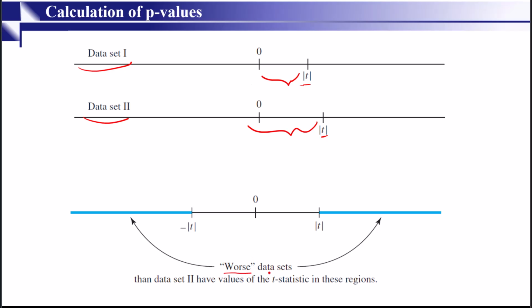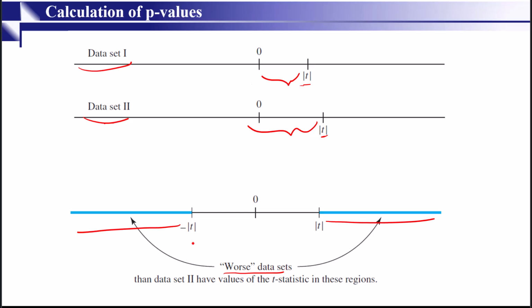Then here, we have worse datasets. Worse means to have less affinity or dependency with the null hypothesis. So the blue color that you can see here represents the range of t-statistics for a worse dataset compared to dataset 1. Because the t-statistic values of the second dataset here are more extreme, this indicates that this outer region that you can see here is associated with smaller p-values and greater likelihood of rejecting the null hypothesis.